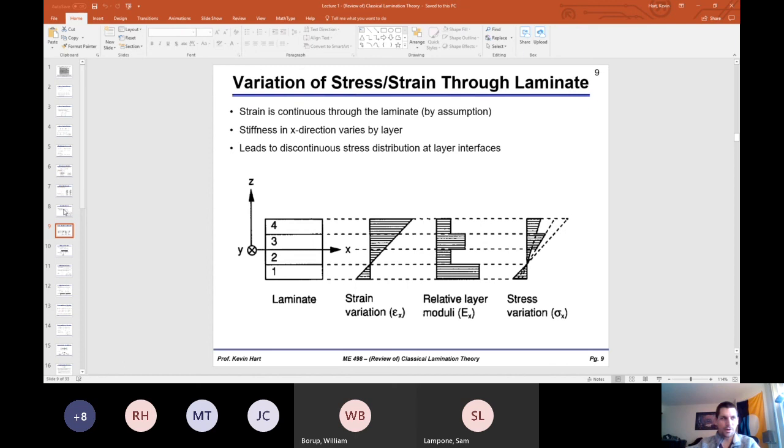This becomes very important when we talk about laminate failure, because the stresses in the different layers are different. You have to analyze every single lamina when you talk about failure of the laminates, because they all have different stress levels. Okay, so that's about where we left off.